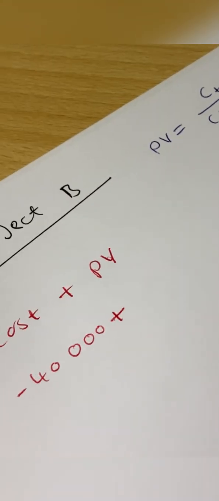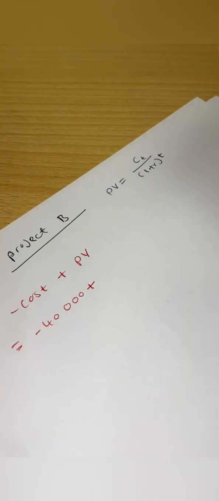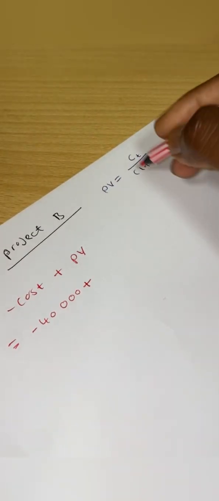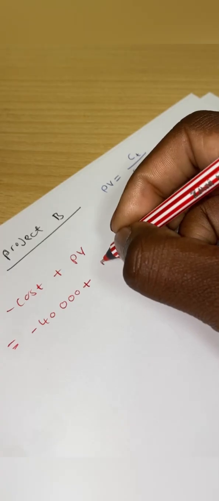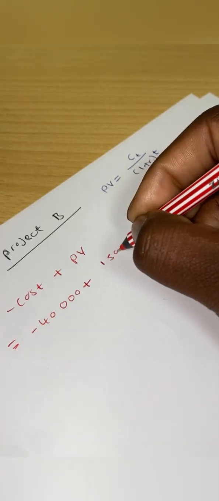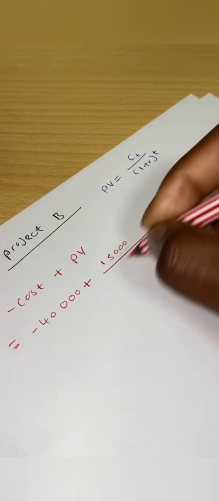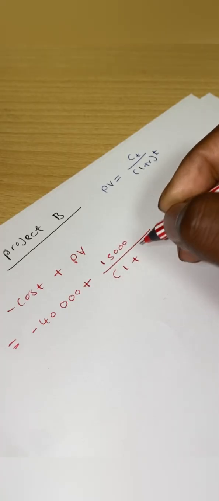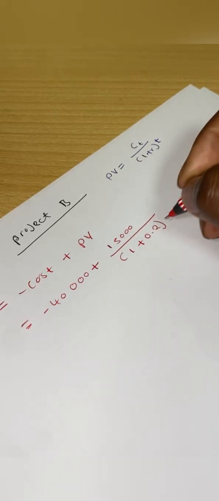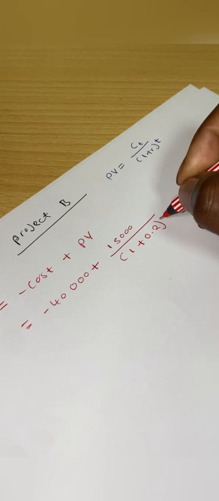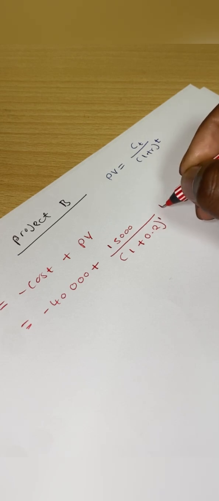Okay, so we can start with the first one. Since the formula for present value is this one, imagine I've already put the formula. The first cash flow that we have is 15,000, over 1 plus, what's our rate from the question? We have been told that the discount rate or the interest is 20%, so in decimal it's 0.2. Then to the power T, what's our T? It is 1, because it's cash flow number 1.